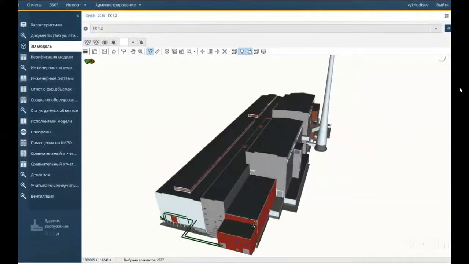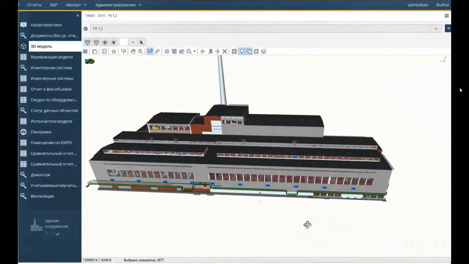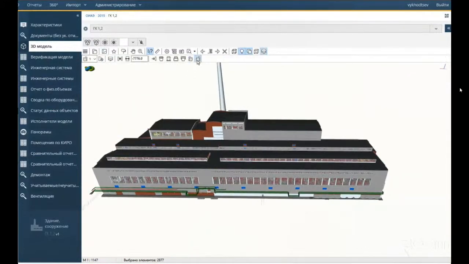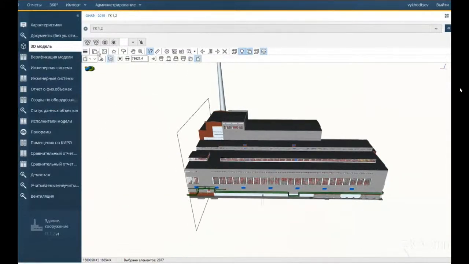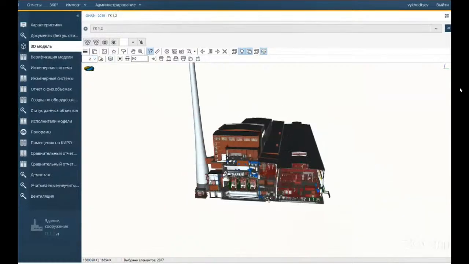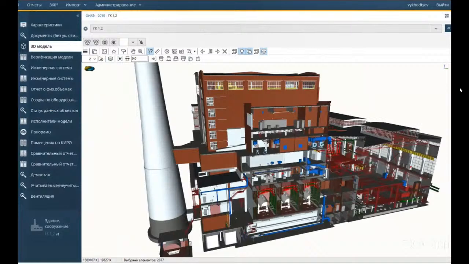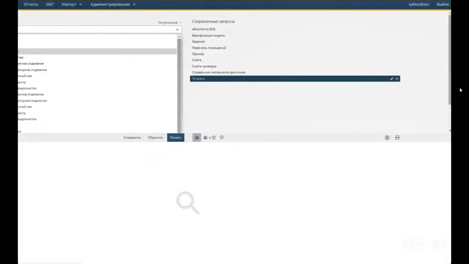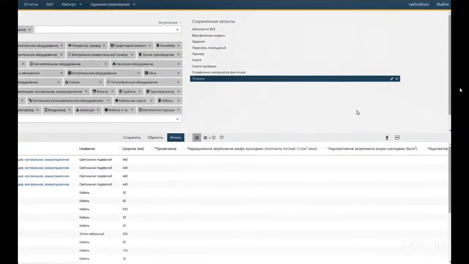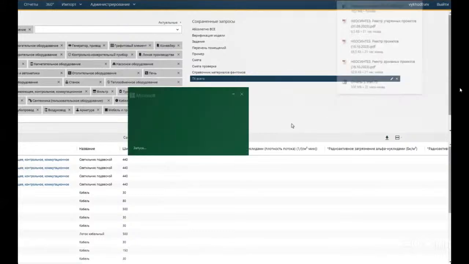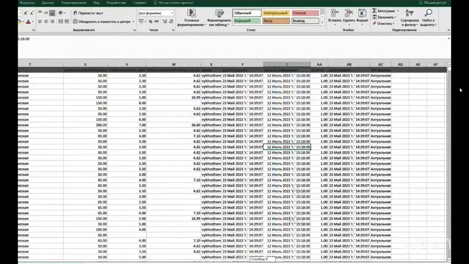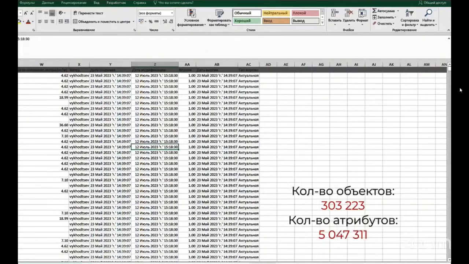So typically, a BIM model starts from making a 3D representation of all the facility systems, structures, and components. Here you can see an example of a BIM model of one of the nuclear facilities. The model is strongly connected with the engineering data management system.